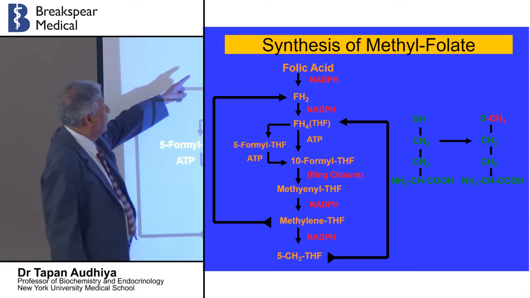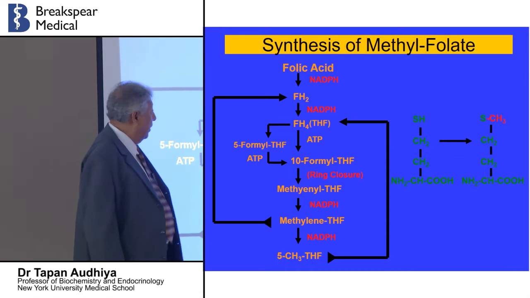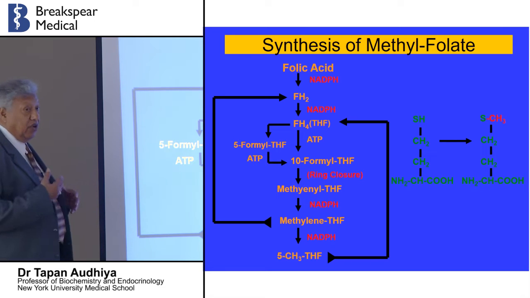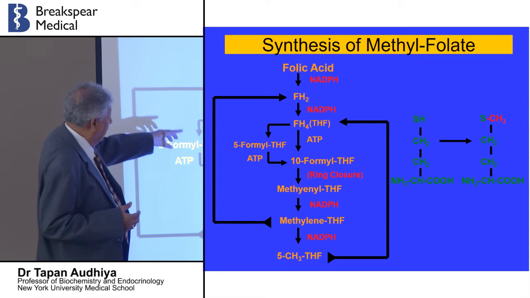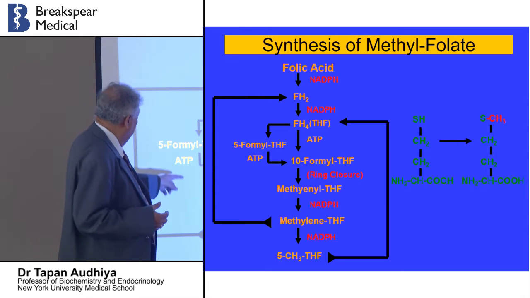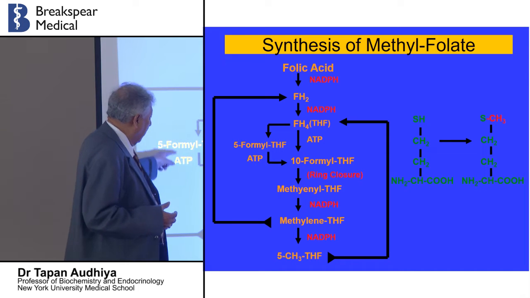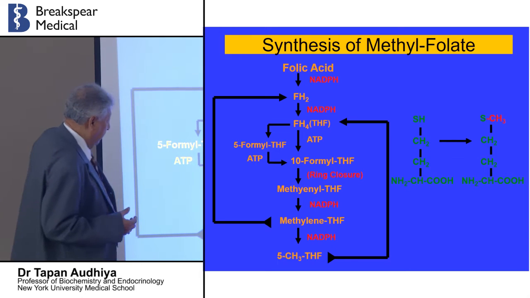In fact, it does some harm. If you give a huge amount of folic acid and it does not convert into 5-methyl tetrahydrofolate or anything in between, then the surplus folic acid has a lot of side reactions. It regenerates itself, there is no problem with that. This is 5-formyl tetrahydrofolate, it comes one way to make 10-formyl, and then it makes 5-methyl tetrahydrofolate.